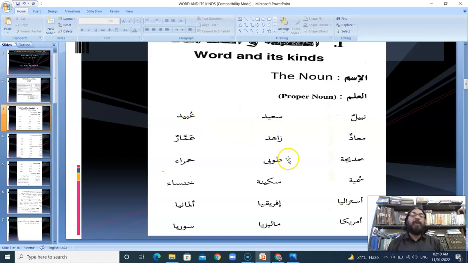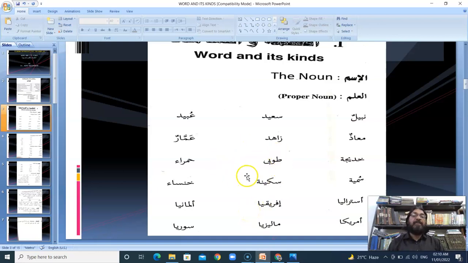Sa'idun, Ubaidun, Mu'adun, Zahidun, Ammarun, Khadijatu, Tuba, Hamrau, Sumayyatu, Sakinatu, Khansau, Australia, Ifriqiya, Africa, Almania, Germany, America, Malaysia, Syria.